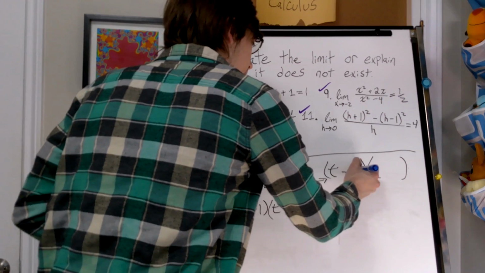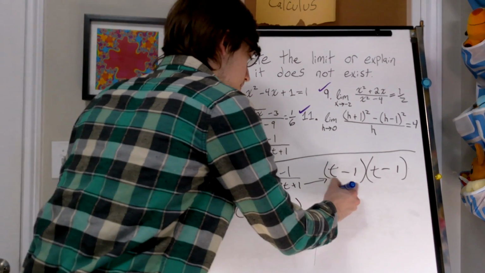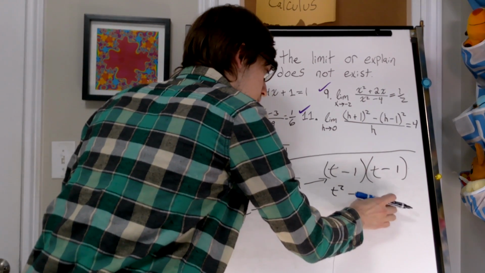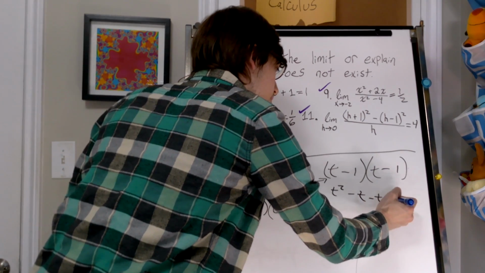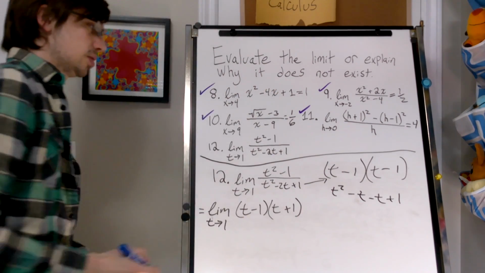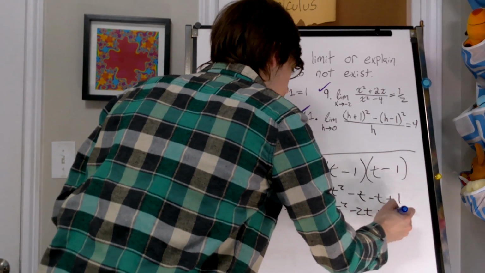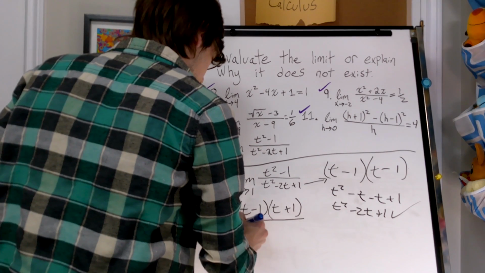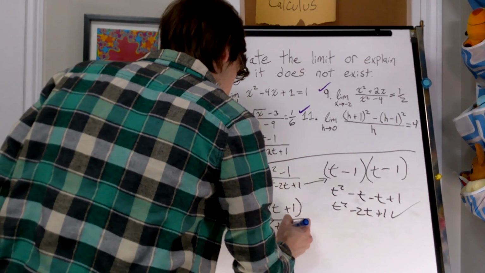Well, a negative 1 can do that, because that's t squared, t times negative 1 is negative t, positive 1, t squared minus 2t plus 1. Confirmed. So on the bottom, t minus 1 times t minus 1.